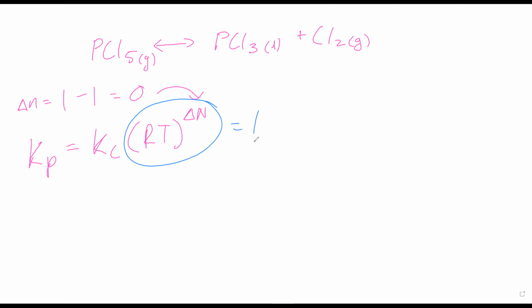And if this section to the power of 0 equals 1, Kc times 1 is just Kc. Remember, anything times 1 is just itself. So if delta N equals 0, sorry if you can hear my relatives in the background. If delta N equals 0, Kp will always be equal to Kc. Does that make sense? Yeah, it makes sense.